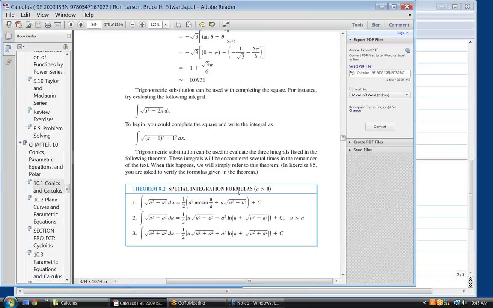These are special integration formulas, and they're particularly useful with finding arc lengths. Oh, I thought these were formulas for trigonometric substitution. They derive from that. In other words, using trigonometric substitution is how we end up being able to get these three formulas.